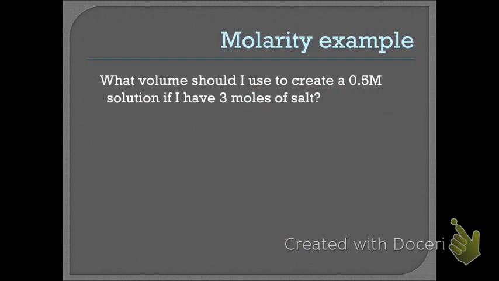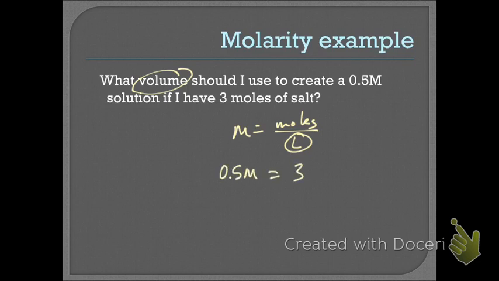What volume should I use to create a 0.5 molar solution if I have 3 moles of salt? So my molarity equals moles over liter. I'm trying to figure out volume, so I'm going to actually figure out this one. My molarity is 0.5 molar equals 3 moles of salt over X. I know that 0.5 mole is just over 1, right?